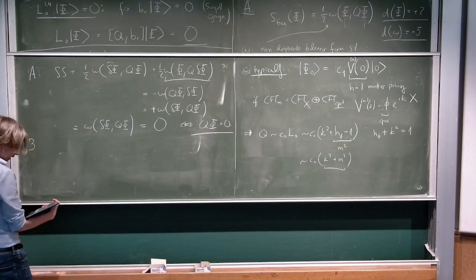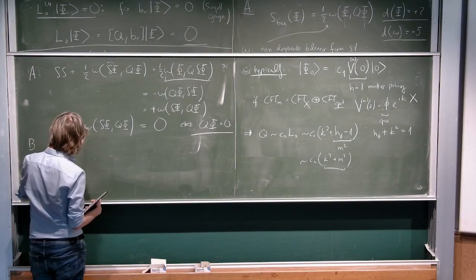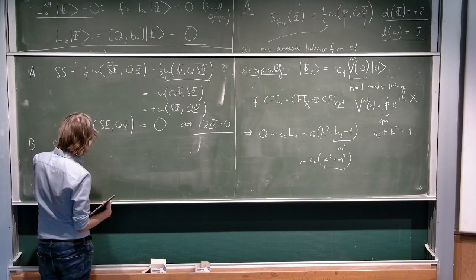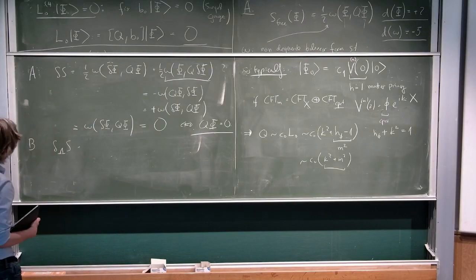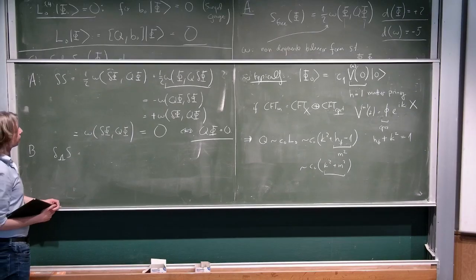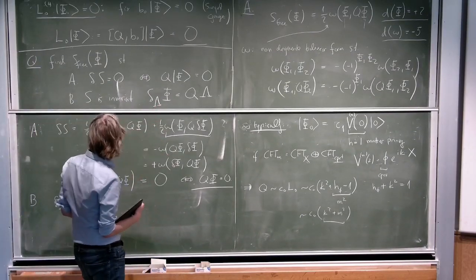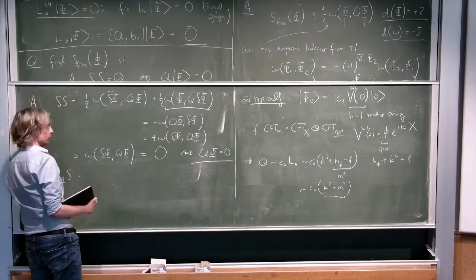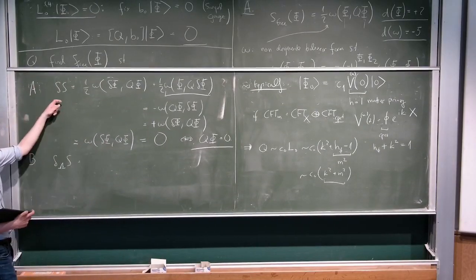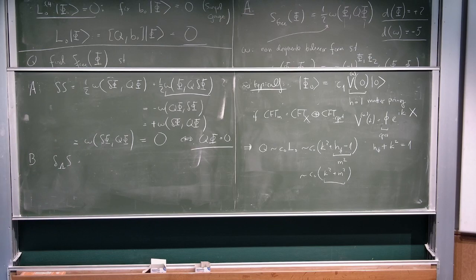So for this property B, we can already use much of the work which we've done for proving property A. So this field transformation Q lambda is in particular a very special case of a variation. What we did here was for a completely generic variation of the action.